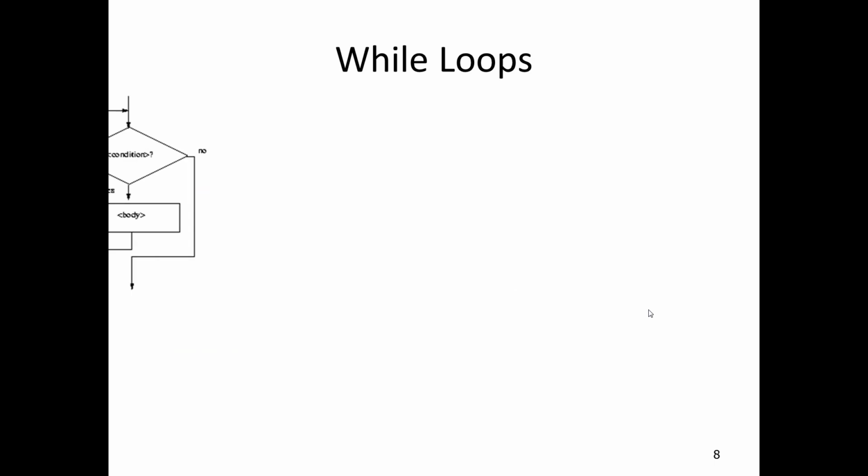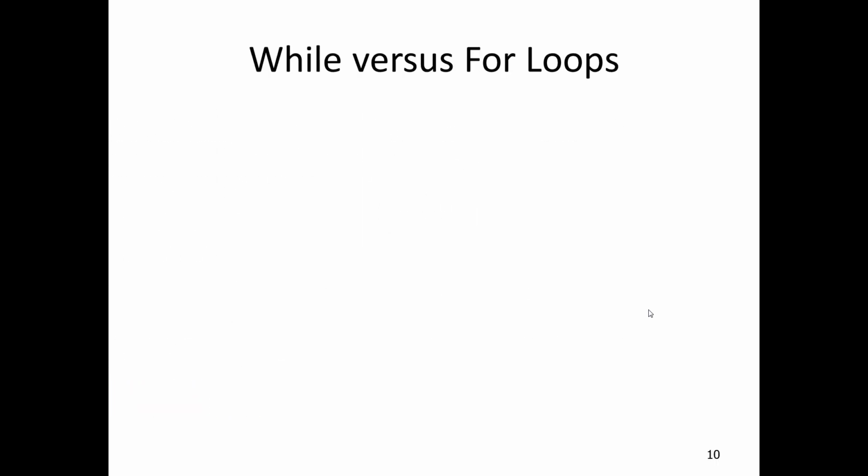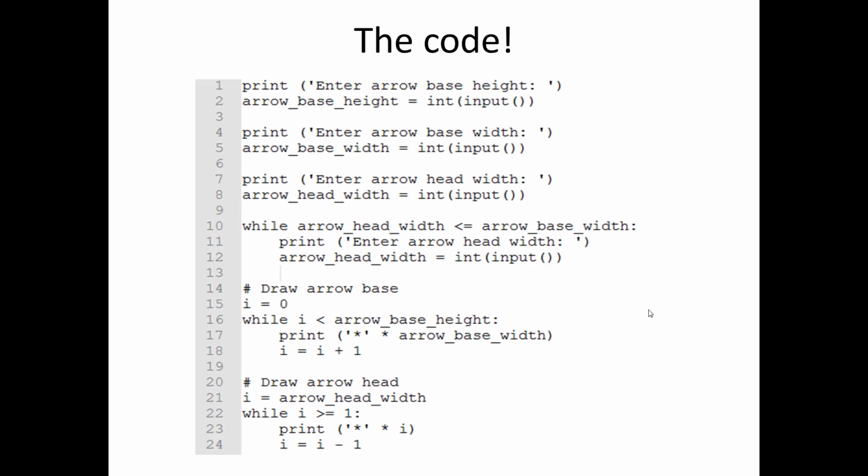Okay, so let's get back to our slides where we need to be. All right, so notice that's where we start out with the width of the arrowhead. While I is greater than or equal to 1, we're going to keep printing and get progressively smaller by decrementing the stars.